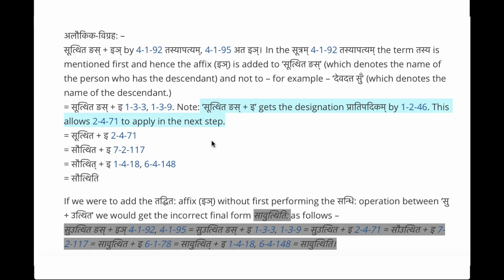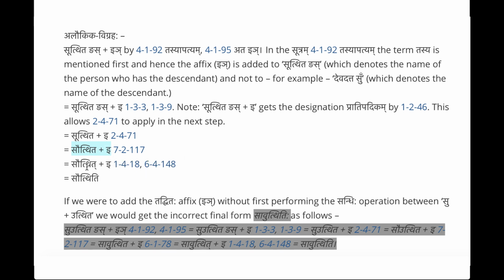This allows 2.4.71 Supo Dhatu Pradipadikayoho to apply in the next step to perform the luk elision on the sup affix Nyas, which is inside the Pradipadikam. And then we apply 7.2.117 Tadhiteshvachamadehe to perform the Vriddhi substitution in place of the vowel U, which is the first vowel in the base Suthita. So now we get Sauthita plus E.